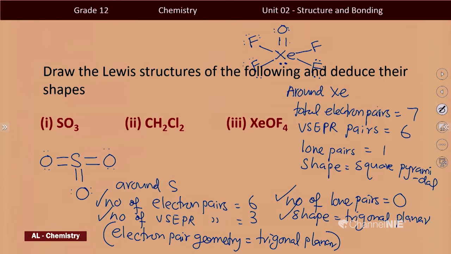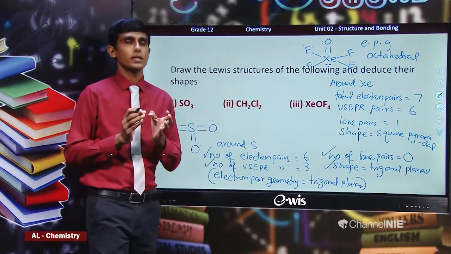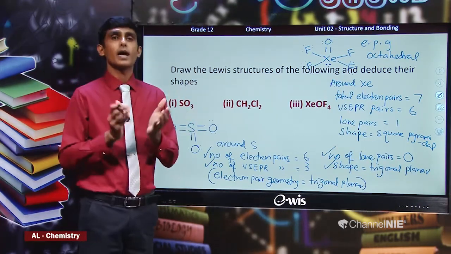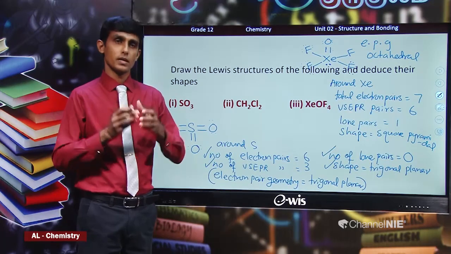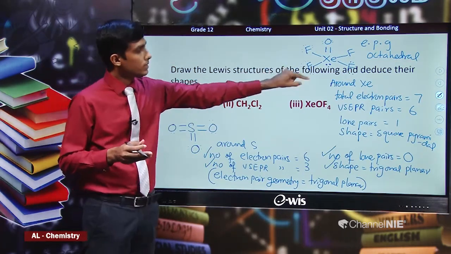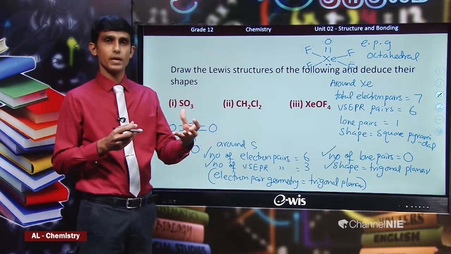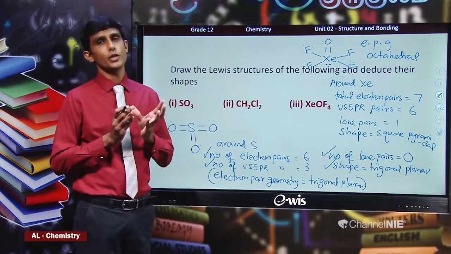This is the way we deduce the shapes of given ions as well as molecules around any given atom. Around the particular atom being considered, you have to find total electron pairs, number of VSEPR pairs, number of lone pairs, and from that you can get the shape.